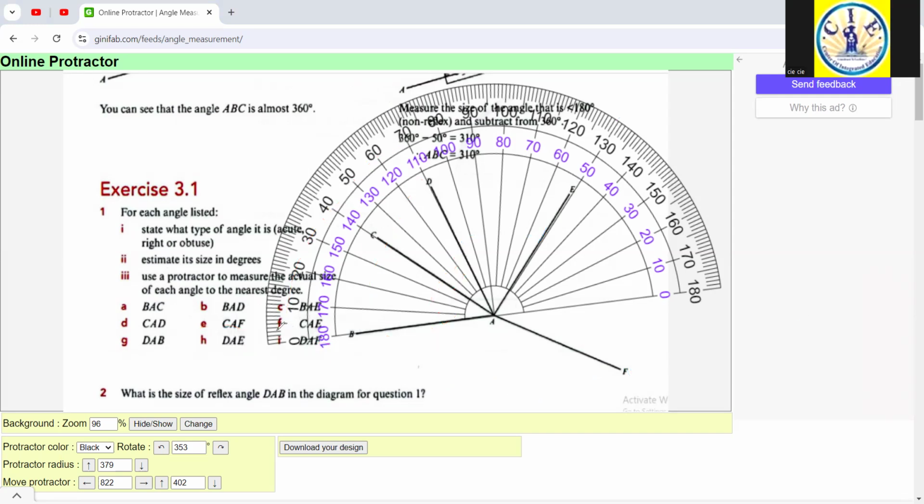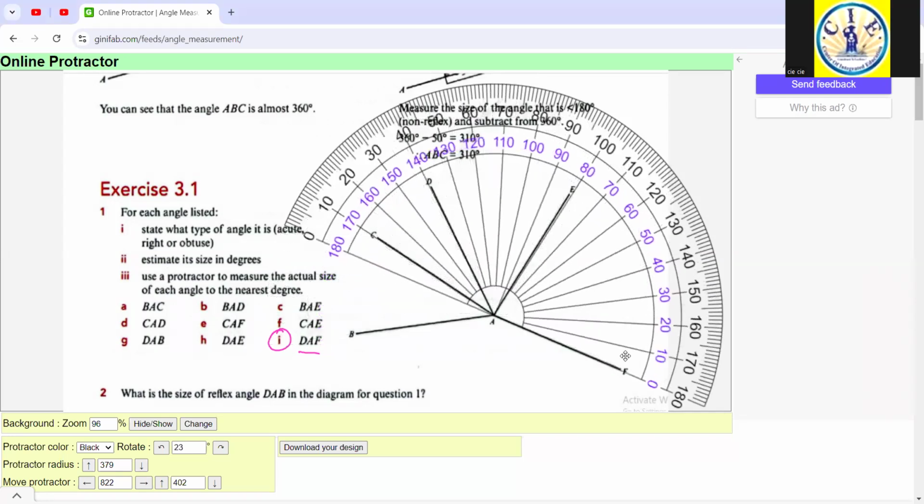And finally, part I, angle DAF. D, A, and F. Okay, let's measure it. From here till here, starting from 40 and going till 180.